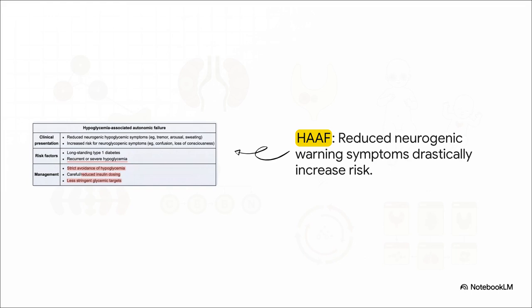Our last concept is hypoglycemia-associated autonomic failure, or HAAF. This happens when a patient with long-standing diabetes experiences recurrent bouts of hypoglycemia, which literally blunts their physiological response. It strips the patient of their neurogenic warning symptoms, like tremors, arousal, and sweating. This drastically increases their risk for severe neuroglycopenic events, like abruptly losing consciousness.